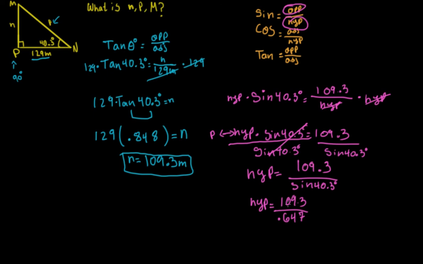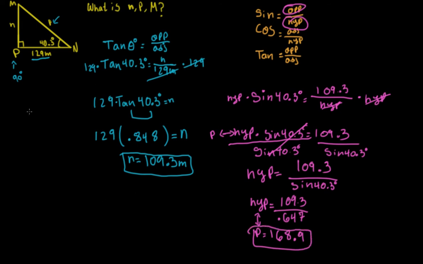Okay, so when we divide 109.3 by 0.647, we are getting that our hypotenuse, or our p, it's the same thing, P is 168.9, okay? You can round it to 169, but it's totally fine.